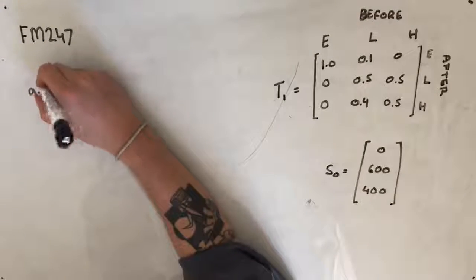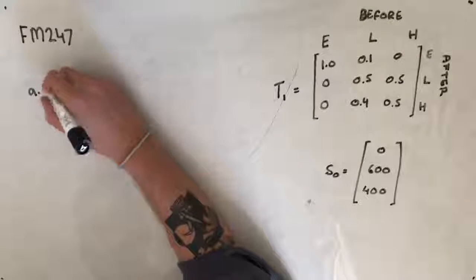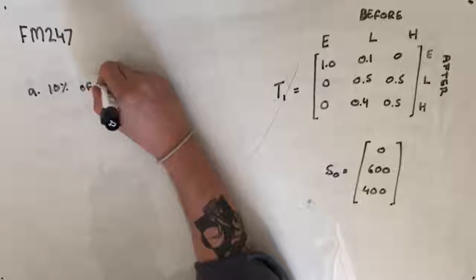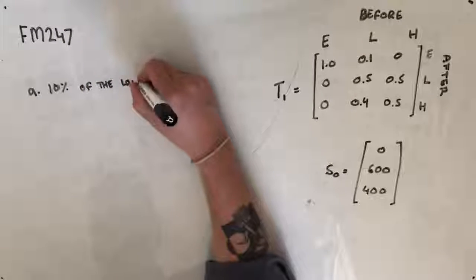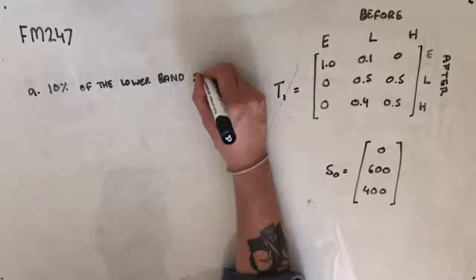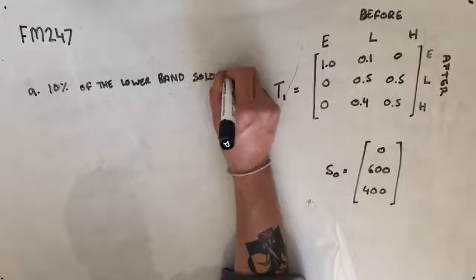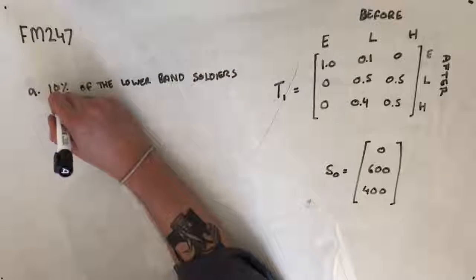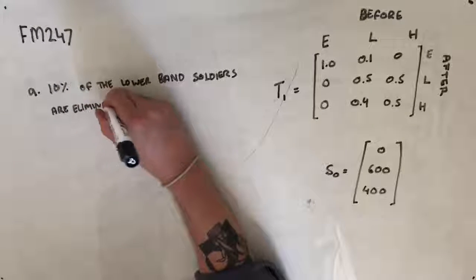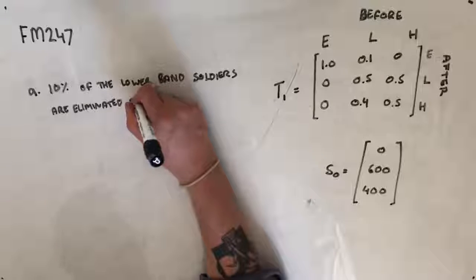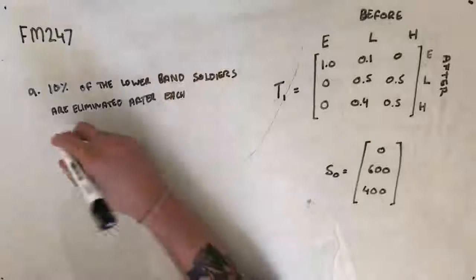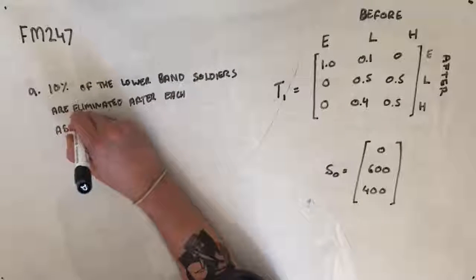So what we can see here is that 10% of the lower band soldiers are eliminated after each assessment.